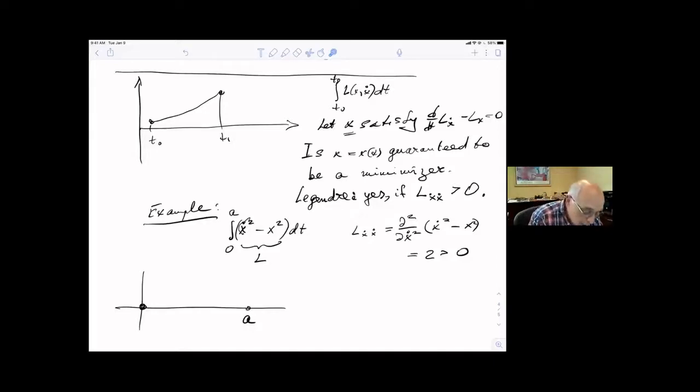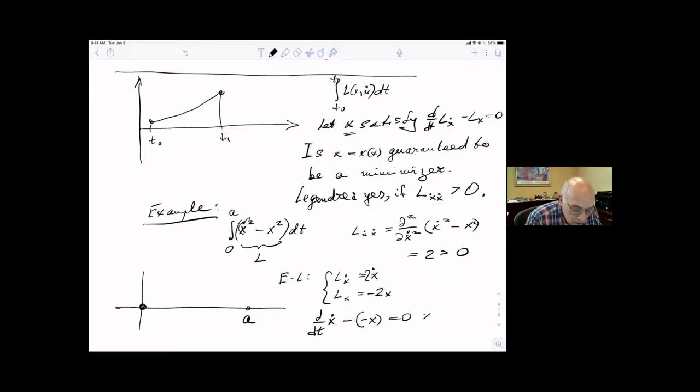So the Euler-Lagrange equation is: L sub x dot equals just 2 x dot, right? And L sub x equals minus 2x. I simply differentiate, and then Euler-Lagrange says d by dt of x dot, I cancel 2, minus minus x, equals 0.